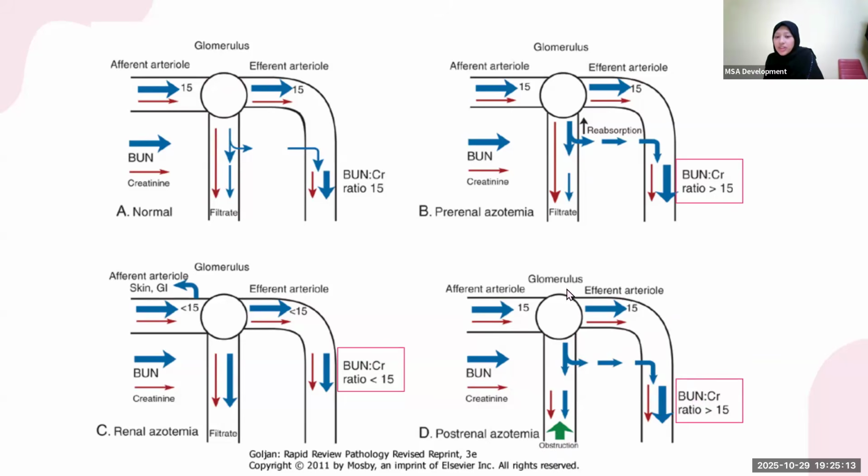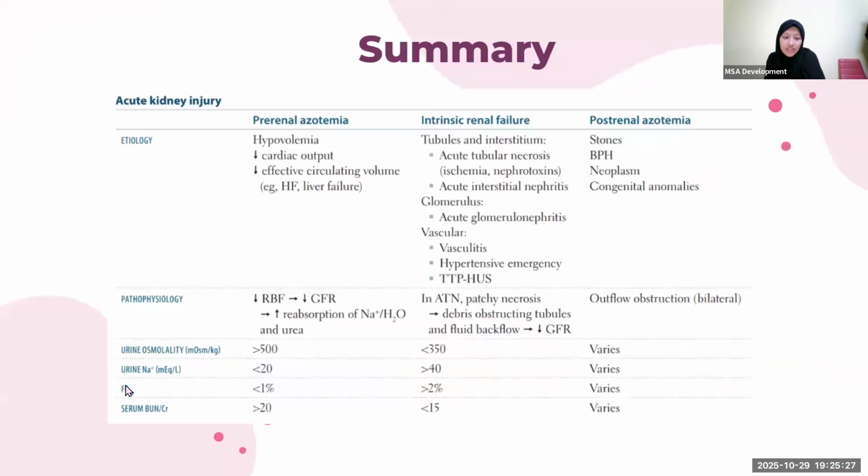Now you might wonder how to differentiate between pre-renal and post-renal because the ratio is increasing in both. It's the causes again. This is pre-renal, this is post-renal, and there is another important thing, the excretion of sodium. Here is a summary of everything that I mentioned.